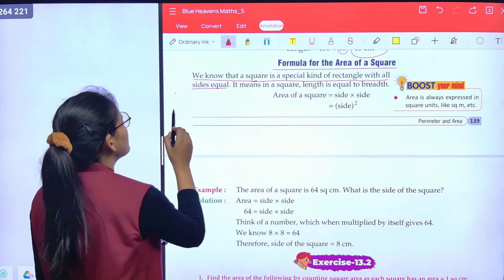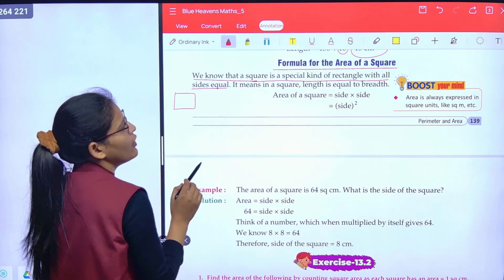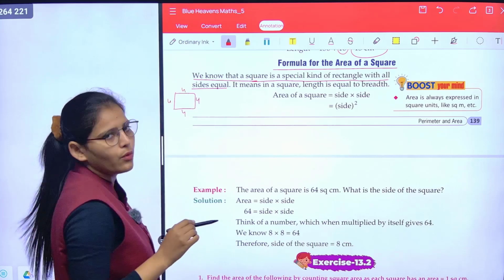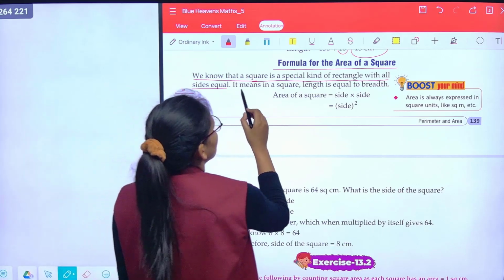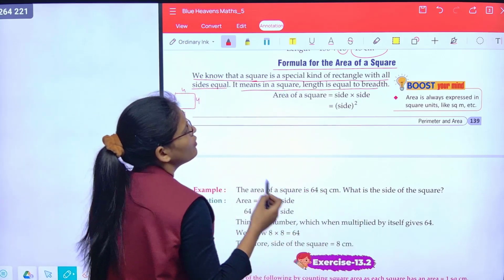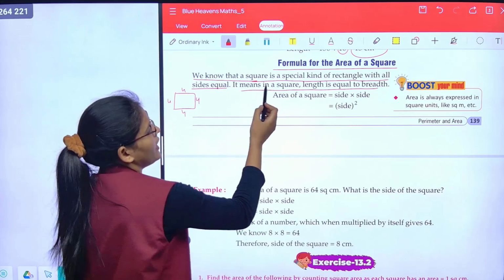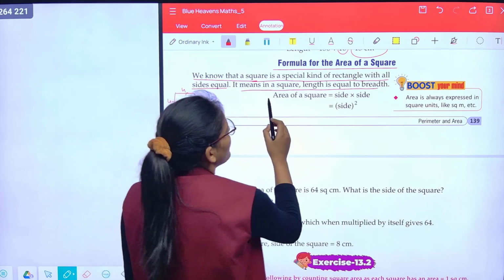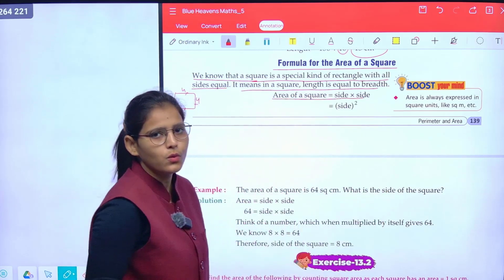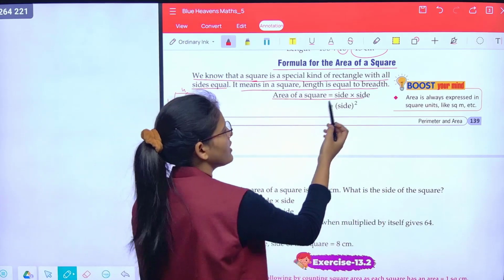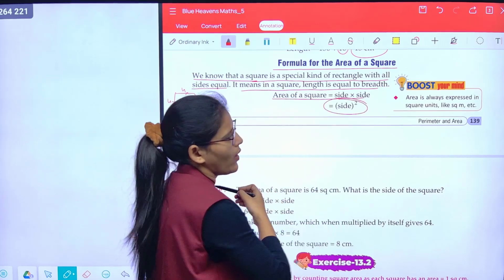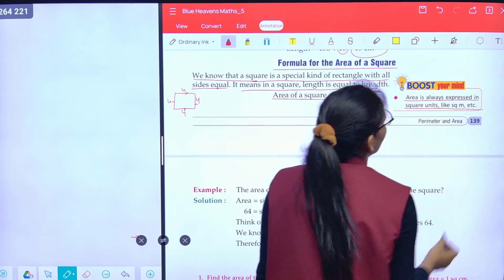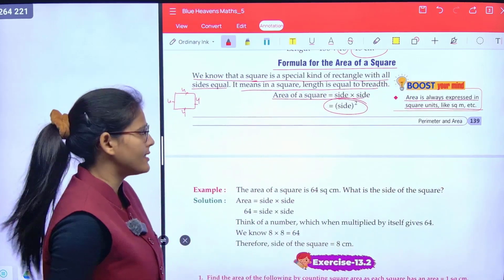Yes, if this is 4, then this is also 4, this is also 4, and this is also 4. It means in a square, length is equal to breadth. Understand? Area of a square is side into side. So area of a square is equal to side into side, or side square. Understand? Area is always expressed in square units like square meter, etc.